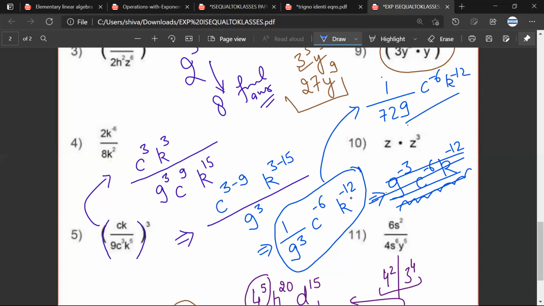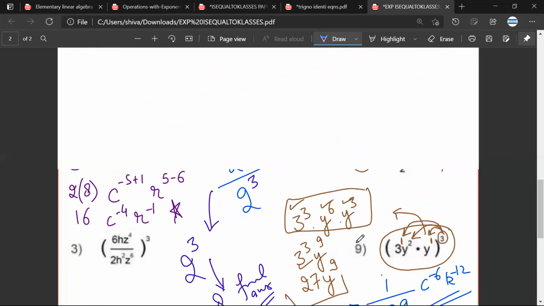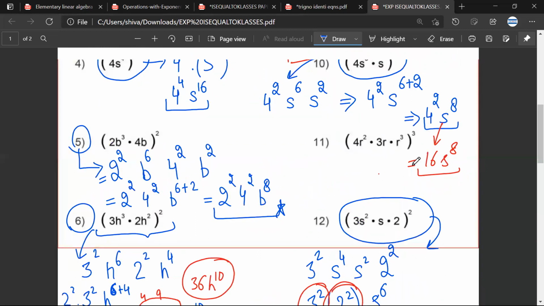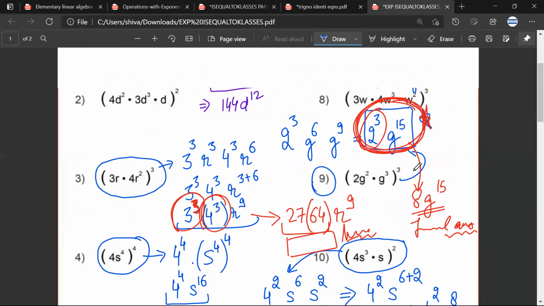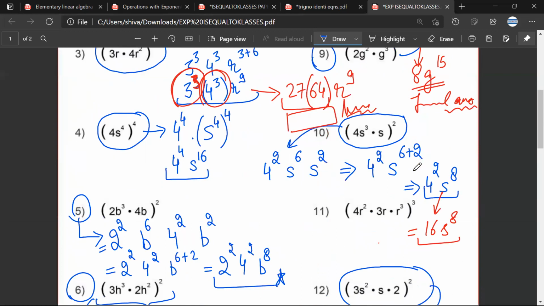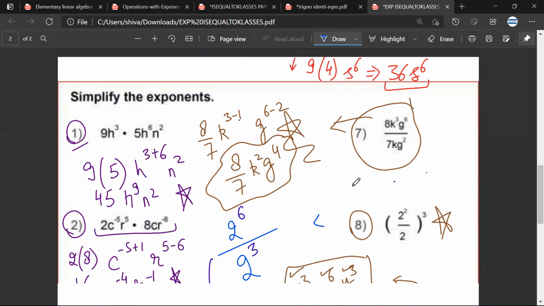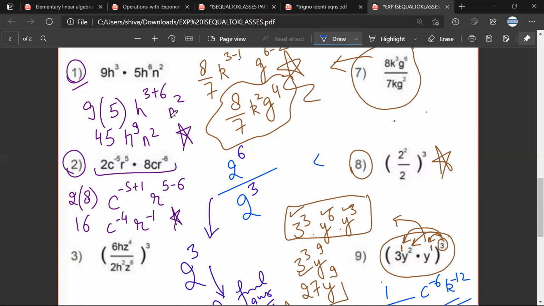Sarthak, any doubt? No, sir. Okay. So these are a bit complicated questions that we have done. But the more practice that you do in exponents, the easier algebra will become for you. Otherwise, algebra will become one big headache. Sarthak, have you understood? Yes, sir.